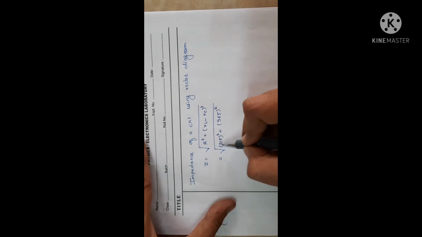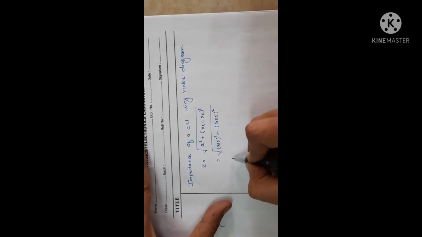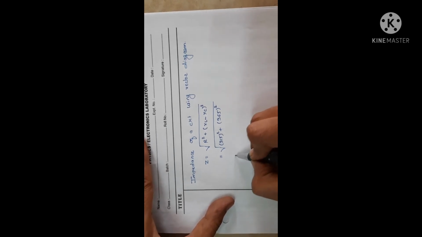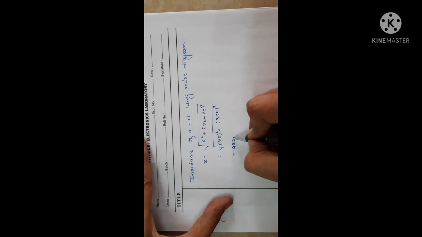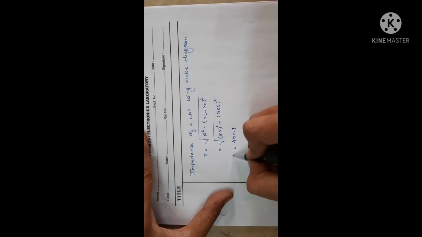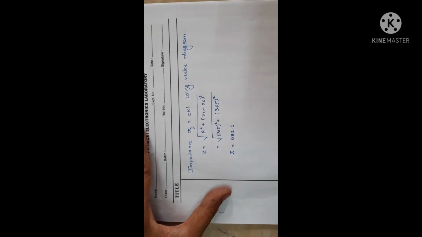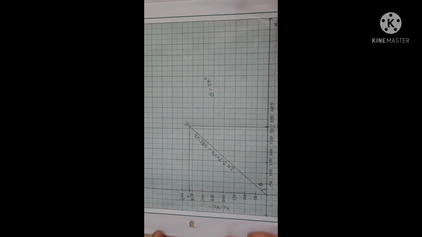These are the values of R and XL minus XC from the vector diagram, and after calculating I am getting 482.1. This is the impedance of the circuit using the vector diagram.